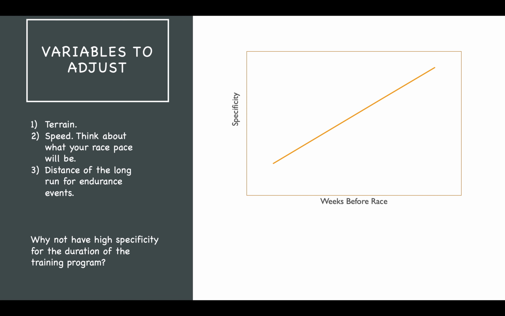So if your specificity is really high, say you're training for a trail ultramarathon and doing really intense terrain all the time, you're at risk of not peaking at the right time. That's why we increase specificity as we get closer to race day. It's all about peaking at the right time, and that's part of periodization, which we'll have a separate mini lecture on.